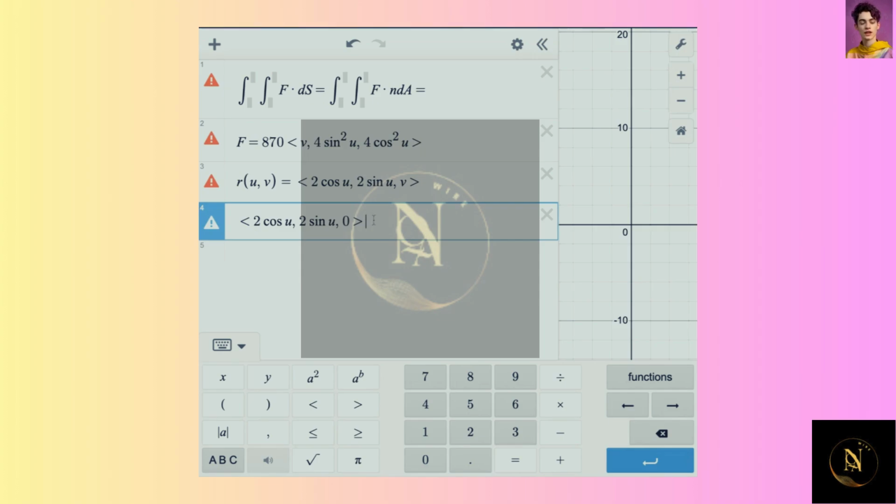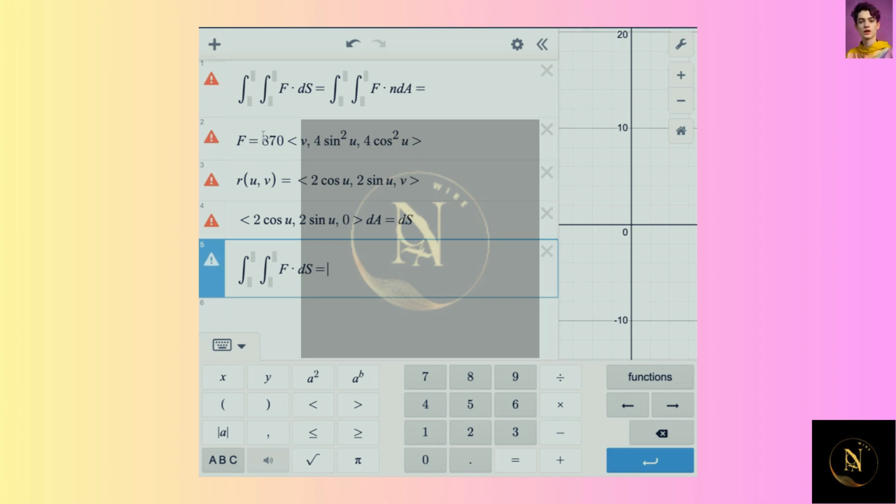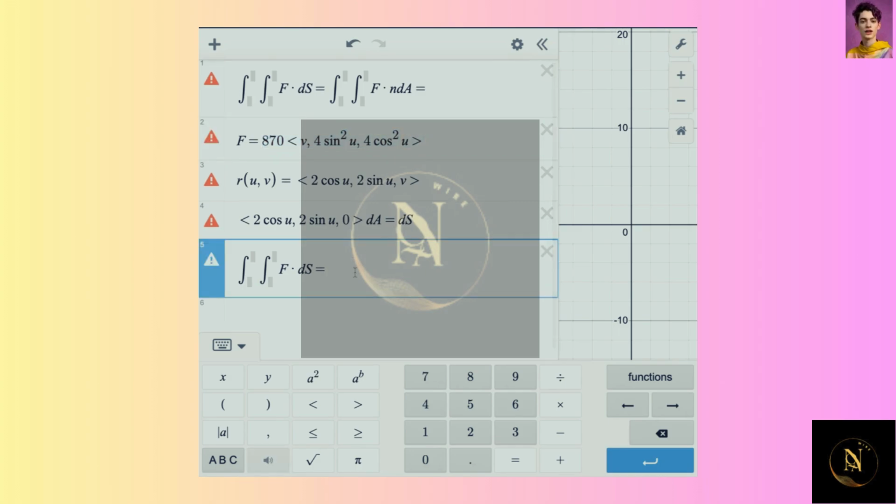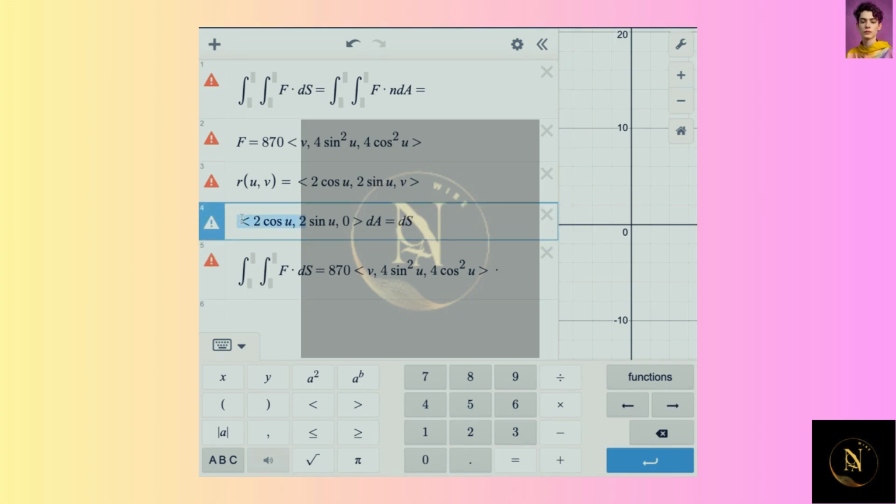And then this right there, dA, is the same thing as dS. So as a result, we can now write this as 870 times this, dotted with this vector right here, dA.